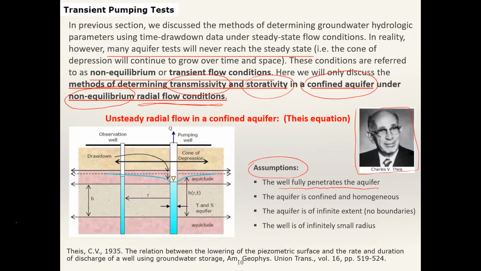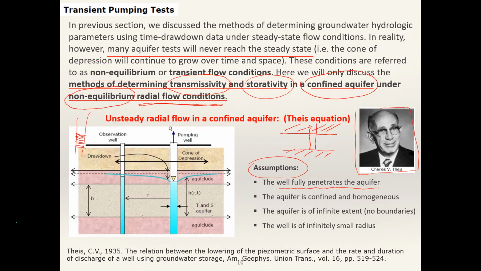Fully penetrating. Suppose that we have a confined aquifer like this, with two impermeable layers. Remember, earlier I told you in this well, there is a region where we have the screen like this, and there is a region where we don't have the screen. So here, fully penetrating means the well penetrates fully into the aquifer like this.